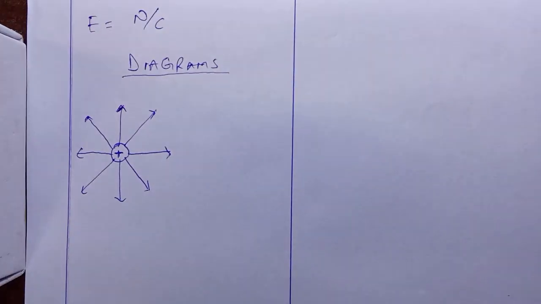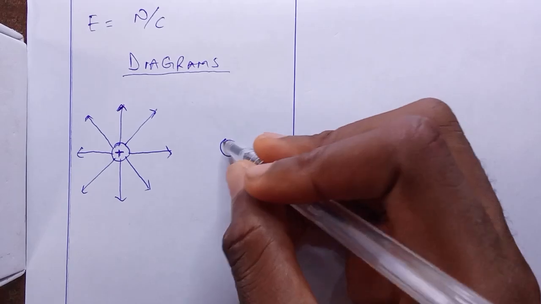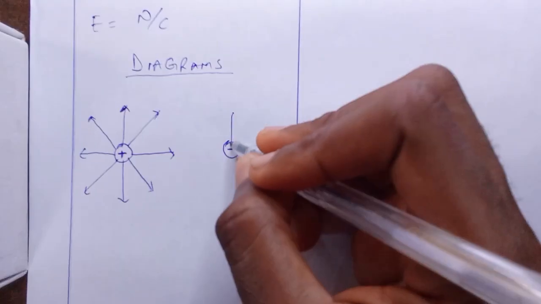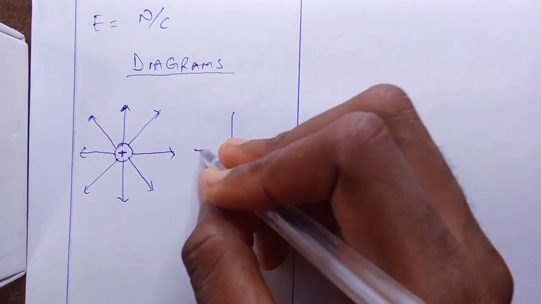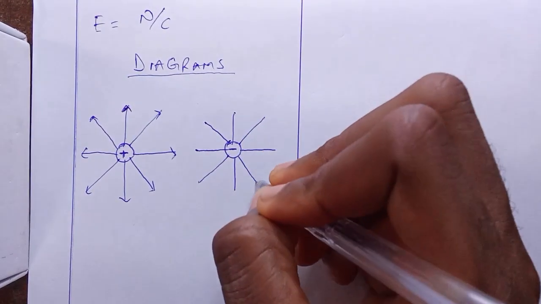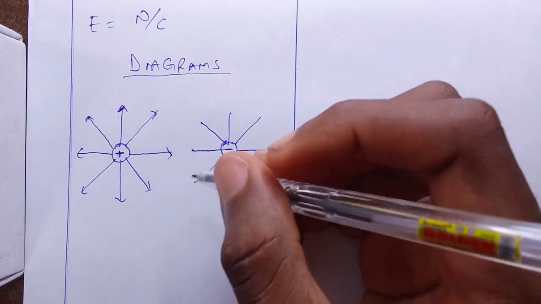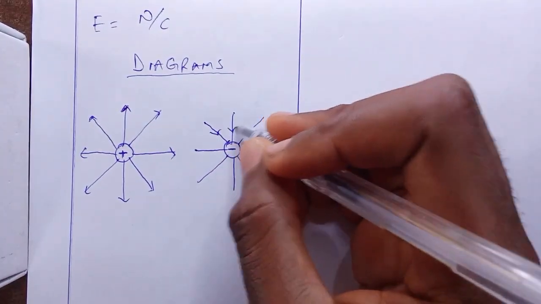Now let me show you that for a unit negative charge. We have this for a unit negative charge. Just like the positive charge is pointing outward, obviously the negative charge will point inward, sorry.